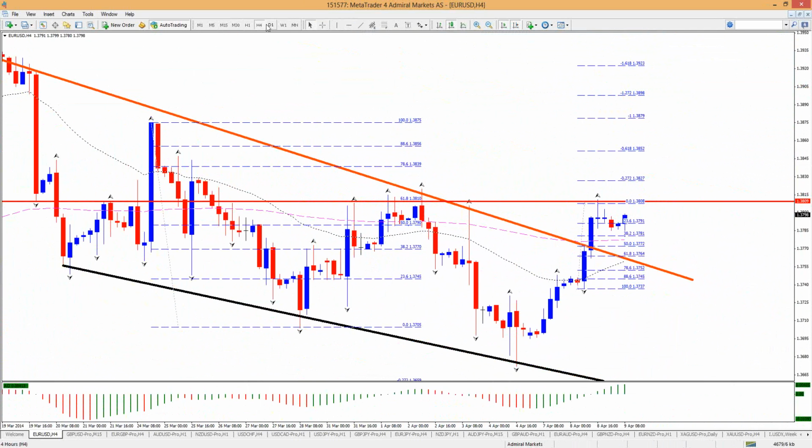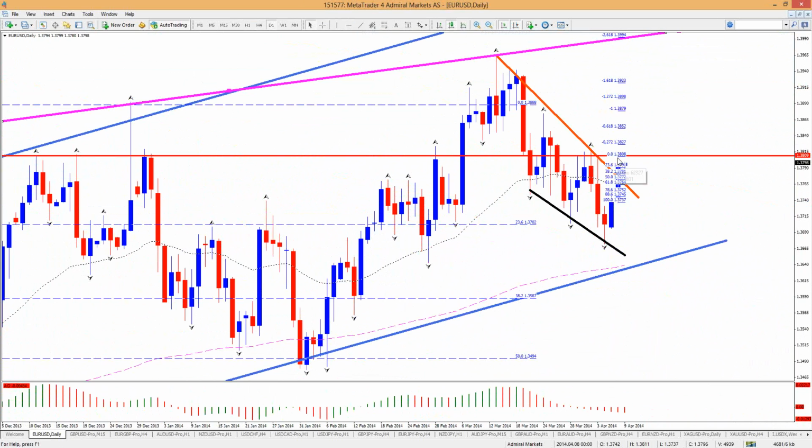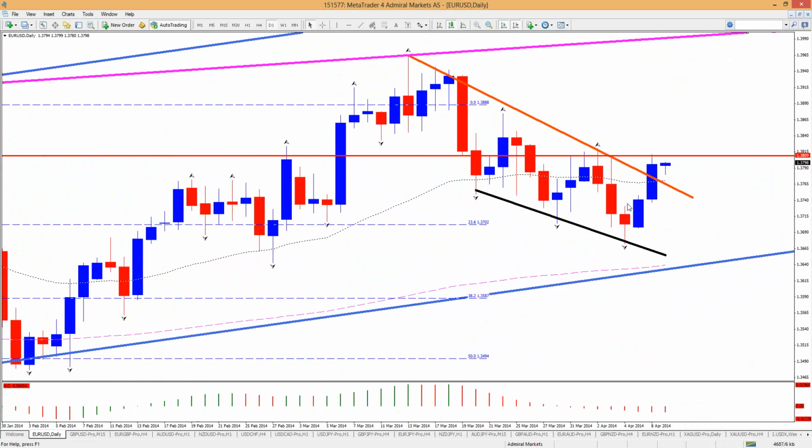Looks like dollar weakness in general, and looks like both the euro and pound have good breakout potential here. Relatively already a pretty big correction here, at least a relatively decent correction.